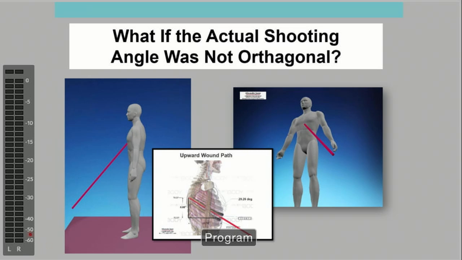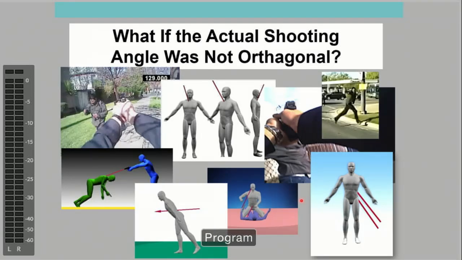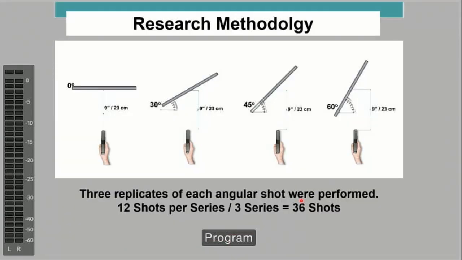What if you have a shot that goes at a great angle, an acute angle, into the body like this? And reviewing things, there are many shootings that occur where the angle is not orthogonal. So is it proper to use an orthogonal or perpendicular test to determine the distance when the actual shooting was at an angle? That's what prompted me to start this project.